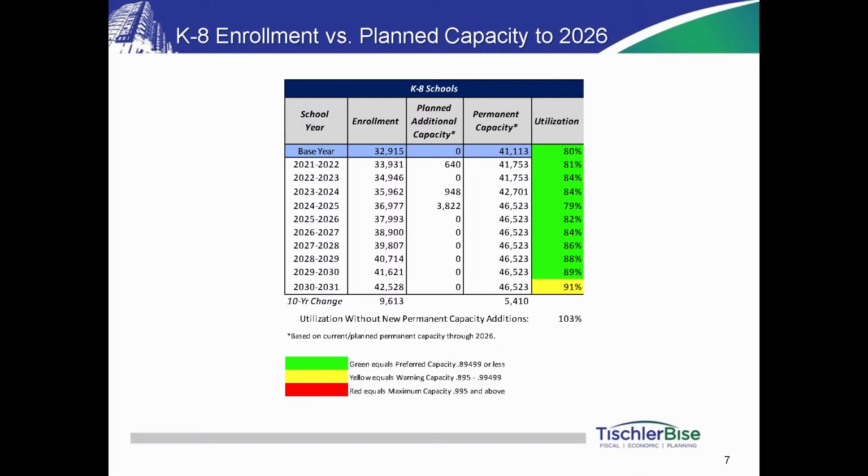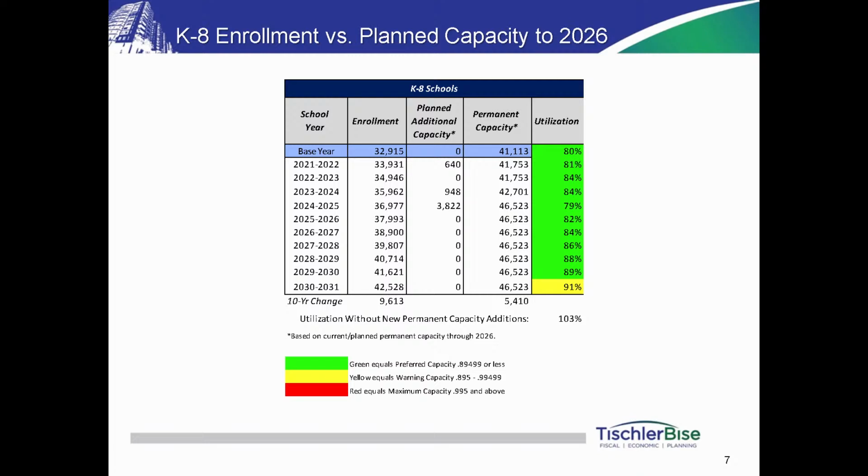And then we add in those planned capacity improvements from the previous slide. You can see that if we do nothing at all, this is the bottom part of the slide, if we build no planned capacity, the K through 8 enrollment versus capacity would be at 103%, so it would be in the red.